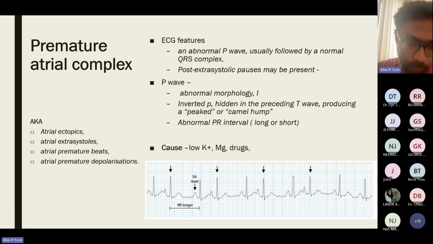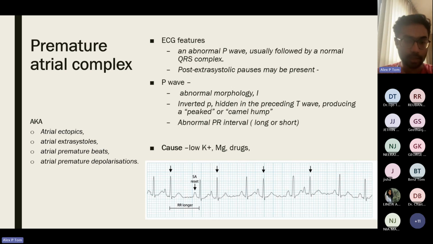Next one. So next is premature atrial complexes. This is also quite commonly called atrial ectopics, atrial extrasystoles, atrial premature beats, and atrial premature depolarizations. So here again, there's an abnormal P wave, usually followed by normal QRS complexes, and you can see post-systolic pauses.